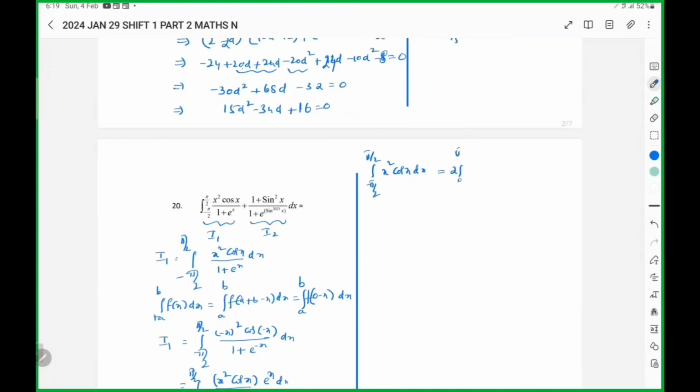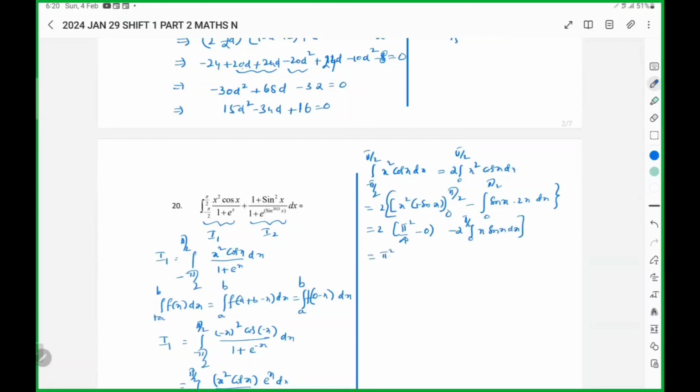I can write 2 times 0 to pi by 2, which is 2 times integral cos x, so sin x, 2x, 0 to pi by 2 dx. Upper limit, lower limit 0, to pi by 2 x sin x dx.